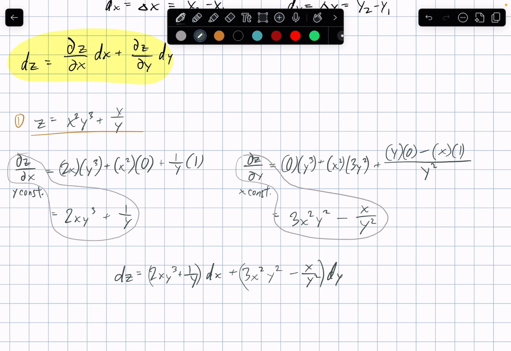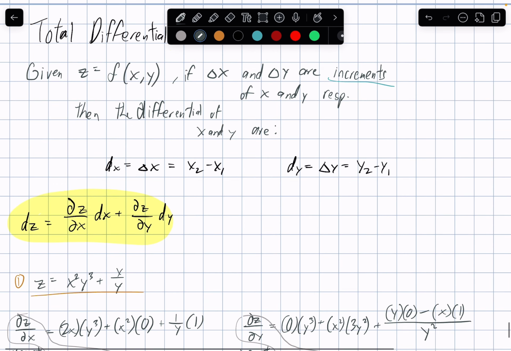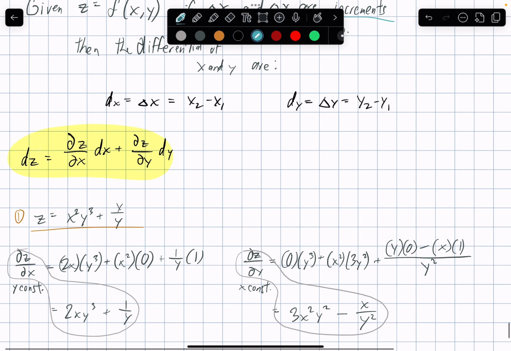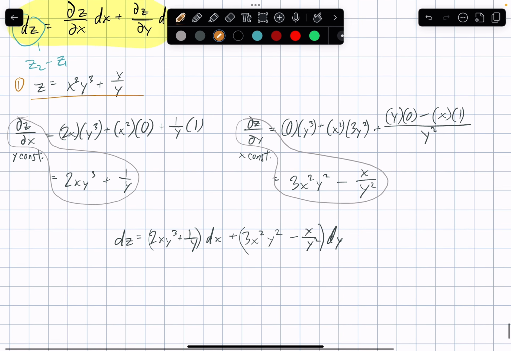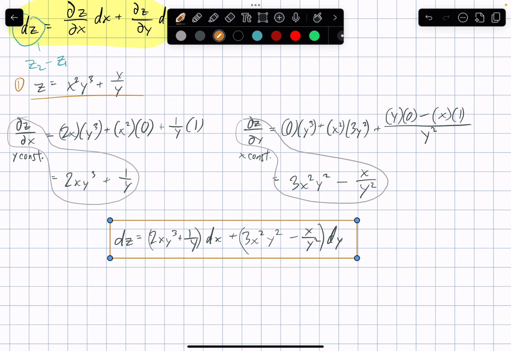So that's it. By the way, just to let you know, dz could also be rewritten as z2 minus z1. But essentially this is the final answer for the given question.